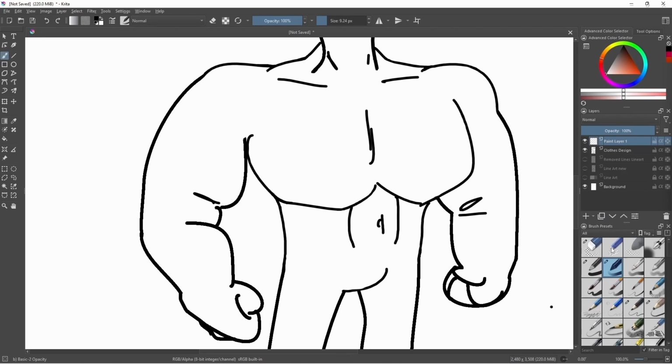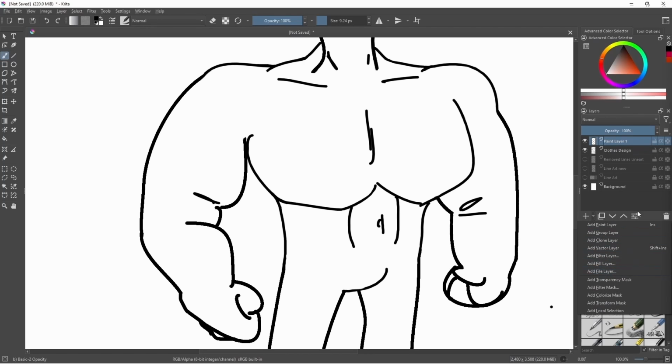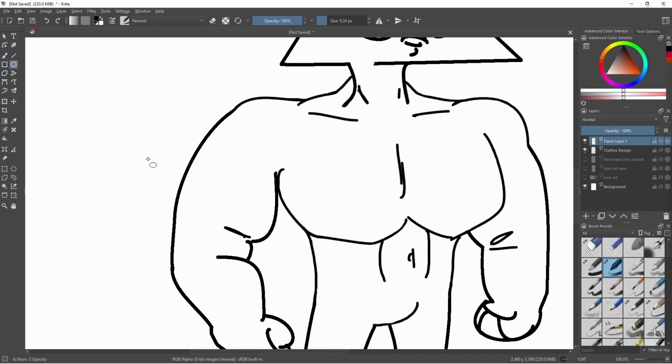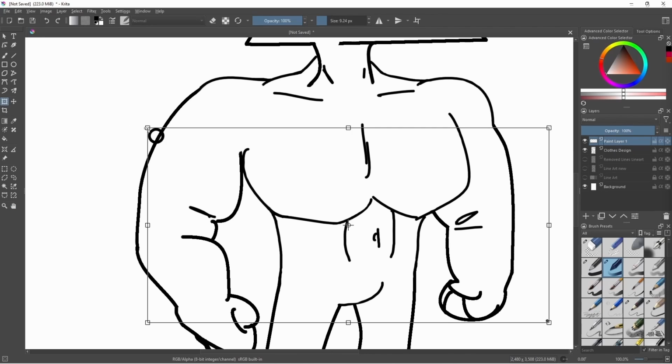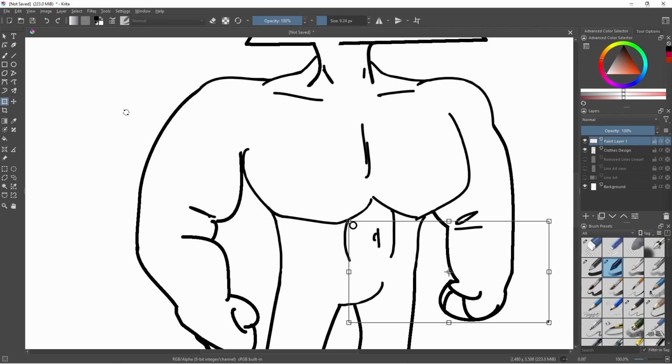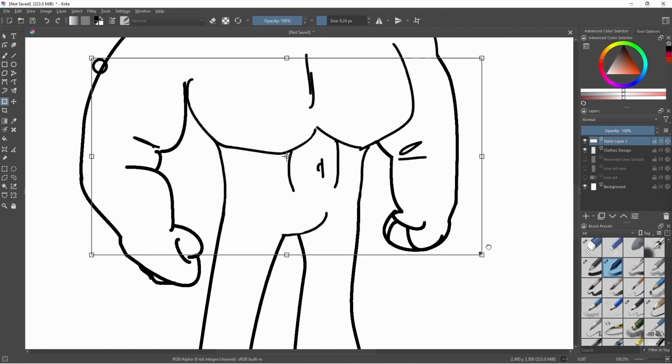That way I know how the clothing would look on top of it. It's sort of difficult to just draw the clothing, and I don't know, do people do that? Like draw the clothing first? I might actually try that. That sounds like an interesting challenge.